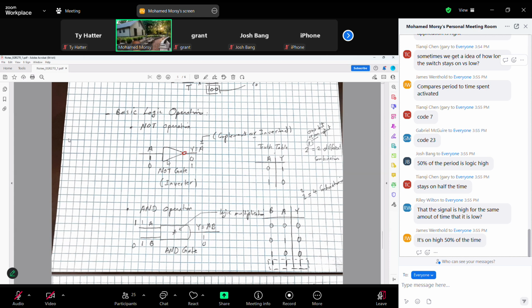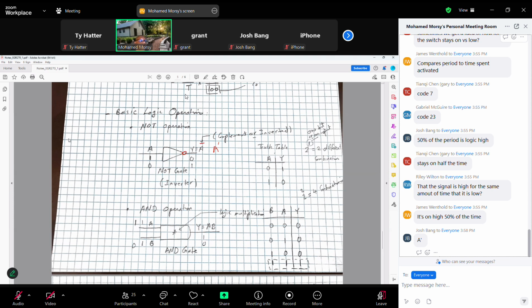So it's simply one input and one output. If the input is A, in general A can be bit 1 or 0. The output is A inverted. You see this bar here? It can be written like this or like this, because you don't have this on your keyboard, so you can use this symbol if you type it.